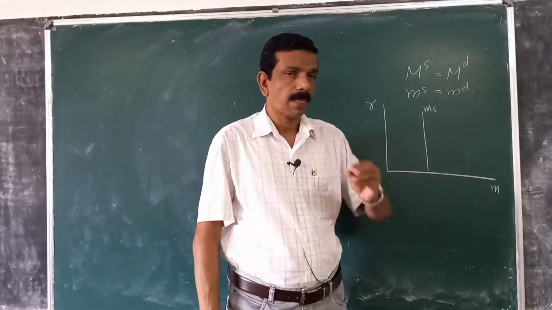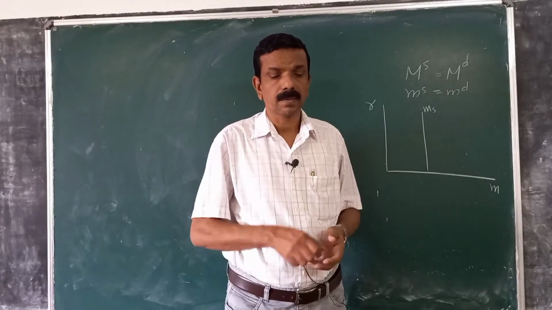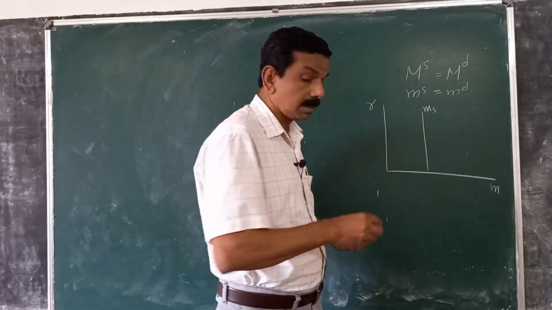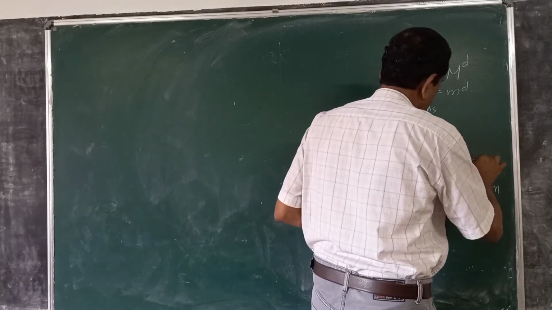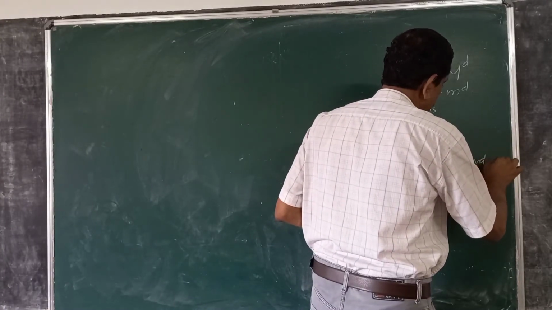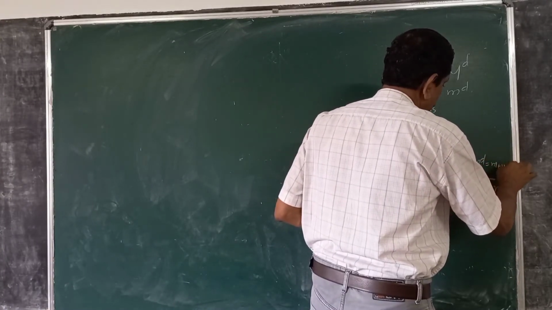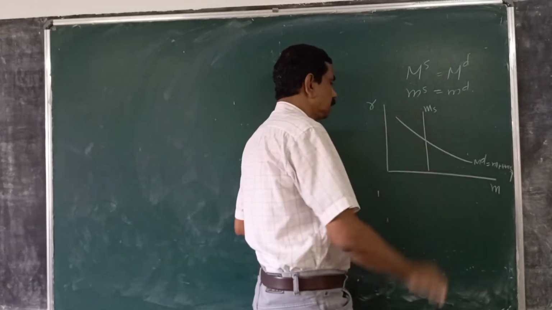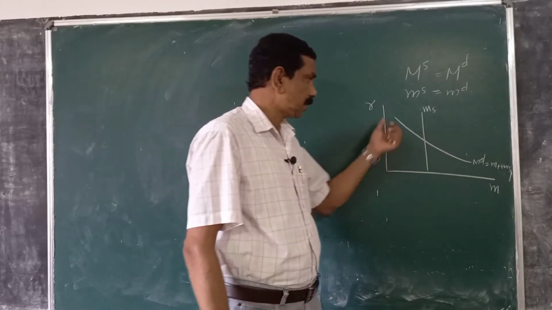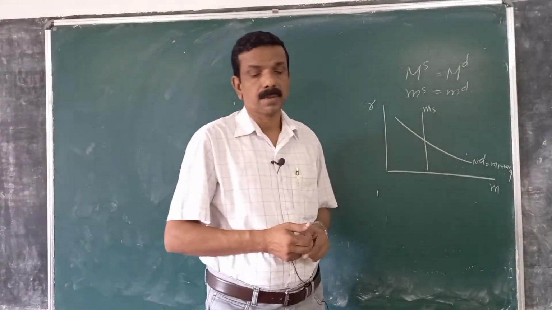MS is the real money stock, and the money demand schedule MD is equal to MT plus MSP. There is a gap here. This gap is, as I told you, the transaction demand for money.